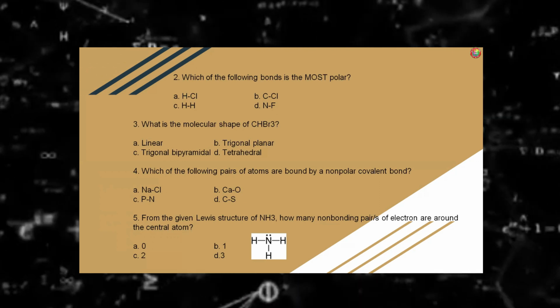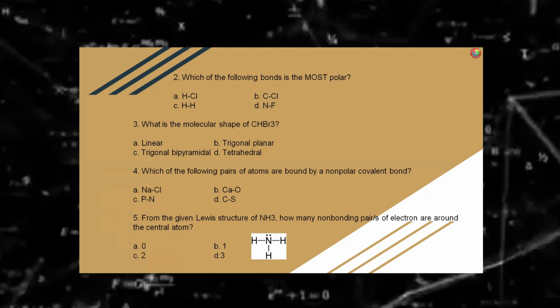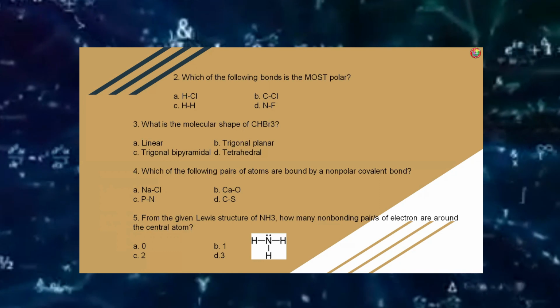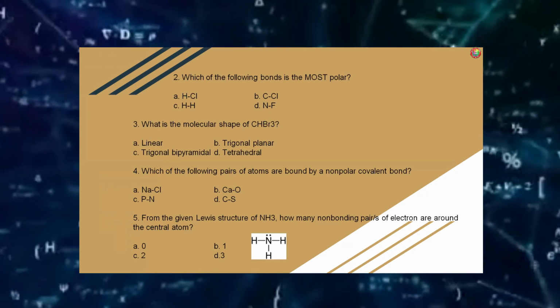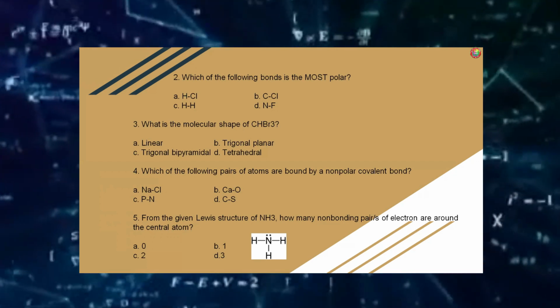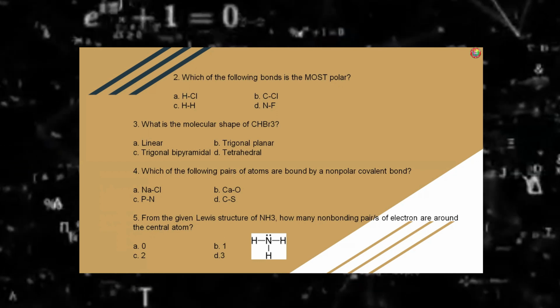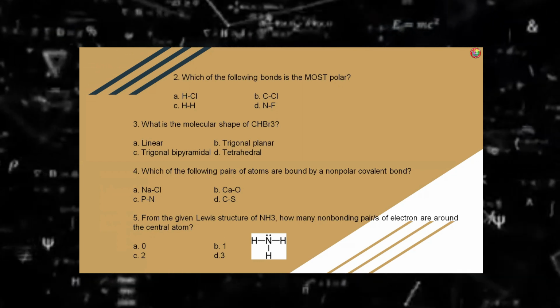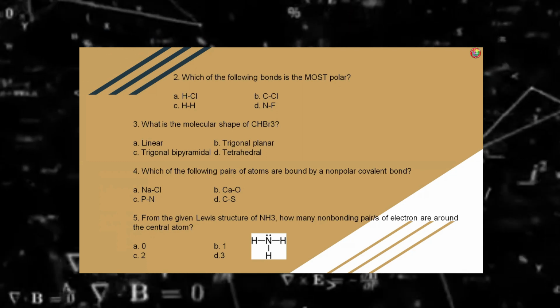A. NaCl, B. Ca-O, C. P-N, D. C-S. 5. From the given Lewis structure of ammonia, how many non-bonding pairs of electrons are around the central atom? A. 0, B. 1, C. 2, D. 3.